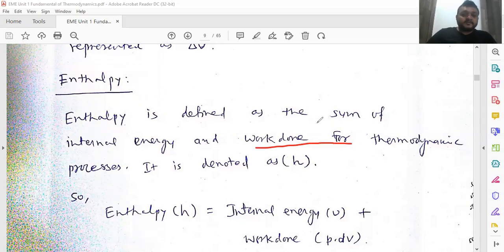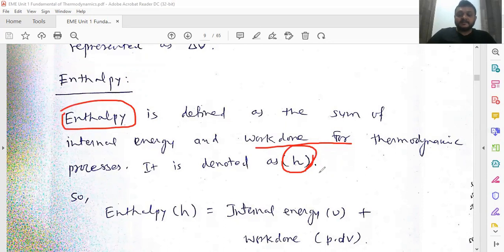So the combination of internal energy plus work done is called enthalpy. That is the total energy occupied by the system. Total energy means internal energy plus external energy. So enthalpy is the internal energy plus external energy in the form of work done, produced by applying heat energy. Enthalpy is generally denoted as H, capital H, which you have to keep in mind.